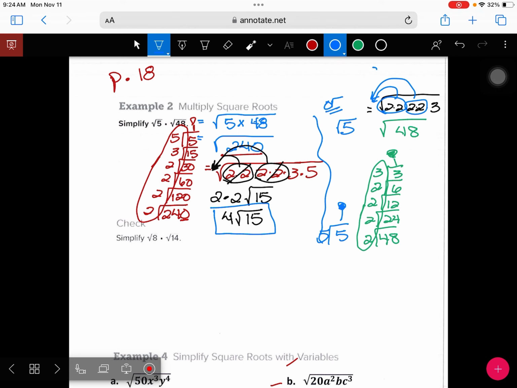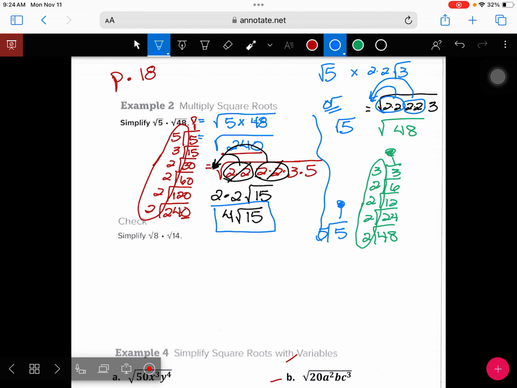So that is 2 times 2 times the square root of 3. This over here is just the square root of 5. So putting it all together, 2 times 2 is 4. And square root of 5 times square root of 3, you can put those together under the radical. That is the square root of 15.